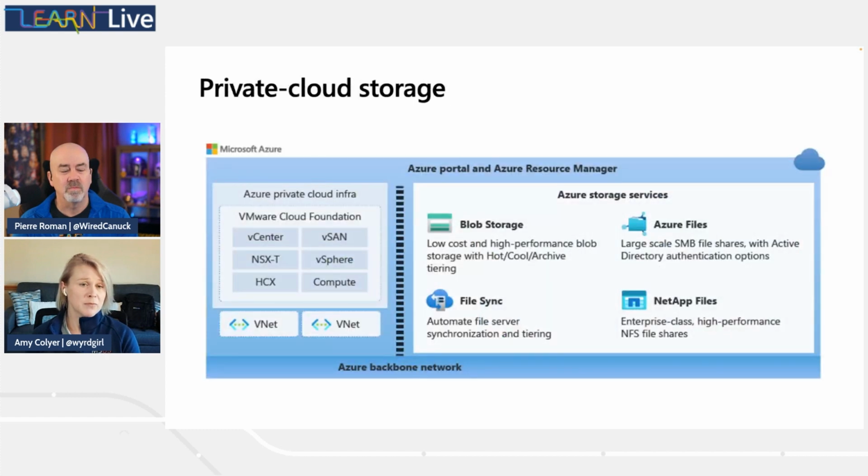And like we mentioned earlier, you're in the private cloud, but now you're closer to these storage services: Azure Files, Blob Storage, NetApp, Azure File Sync. You get to use that Azure backbone that's wicked fast to connect to these services versus a VPN. Yes. Connecting to storage across a VPN connection is always slower than connecting to something that's on the same fiber as your hosts. Right, exactly.